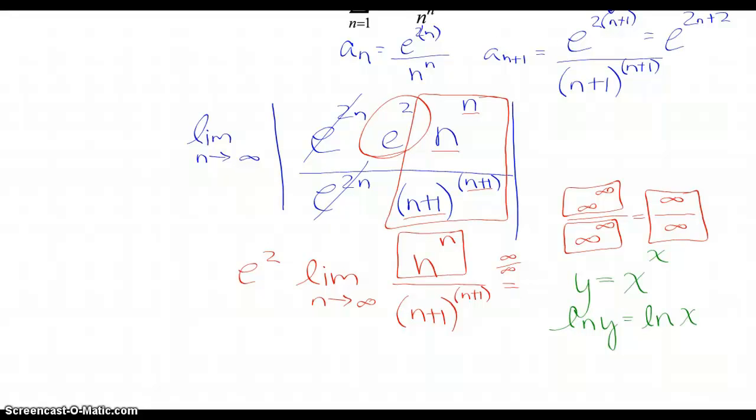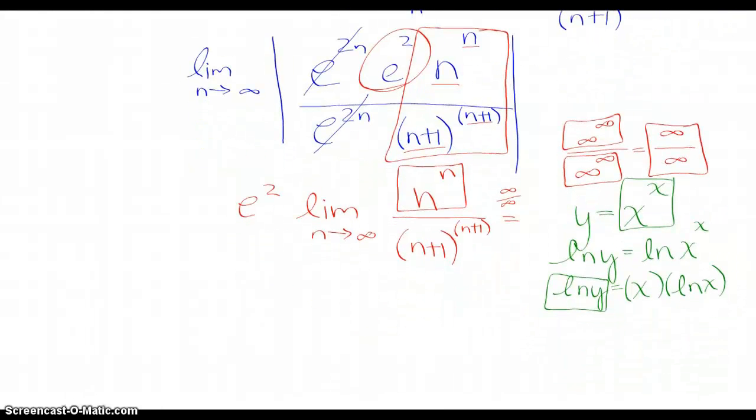I'm going to introduce natural log to both sides because now I can change this indeterminate form into a product using the property of the logarithm. But I have to remember that I'm taking the limit now of the natural log of my function.